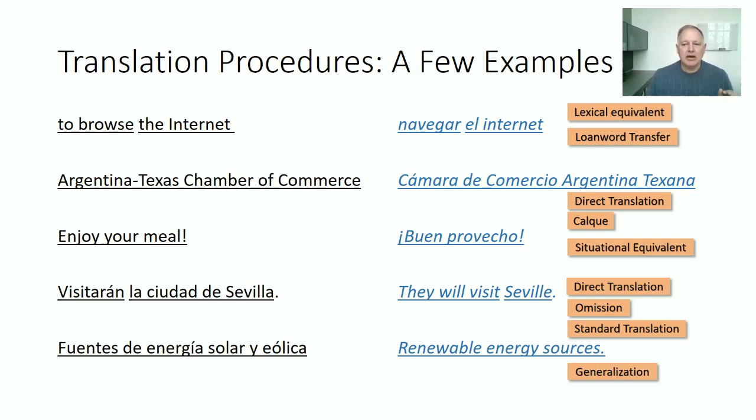And then I add Argentina Tejana, right? So I'm observing the target language rules for grammar, making it feminine, Argentina Tejana, and I'm putting it in the right order. So in a sense, this is a calque. We've talked about that particular procedure, but it's also a direct translation.